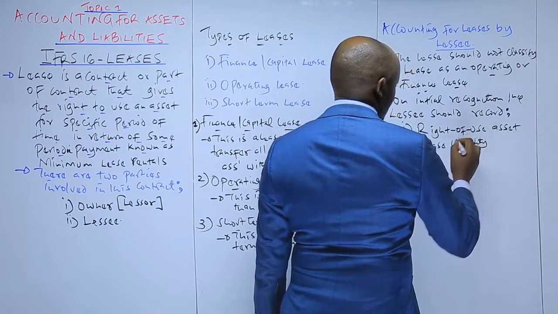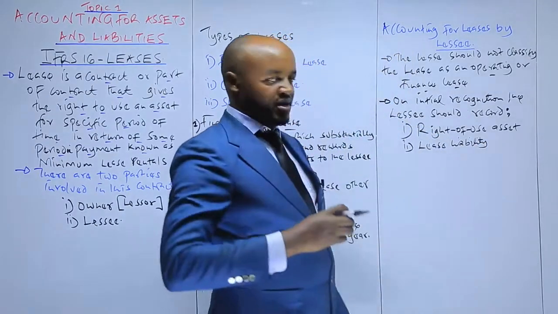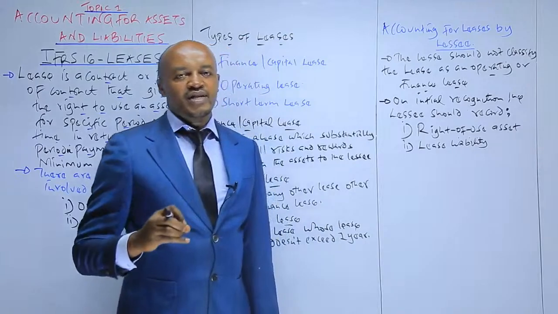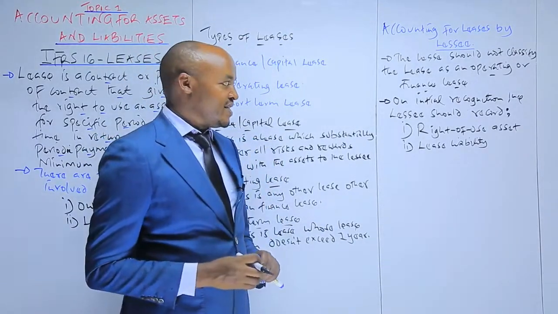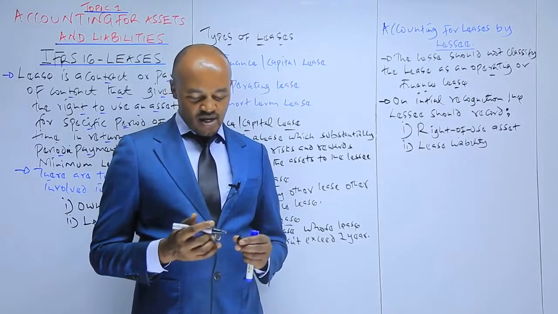These are the two items which the lessee is expected to initially record in his books of account once the lessee has leased an asset.